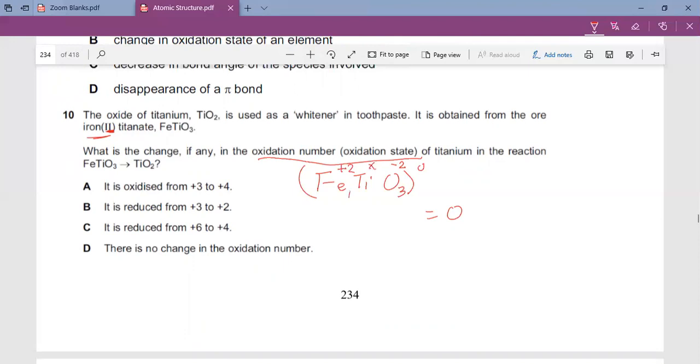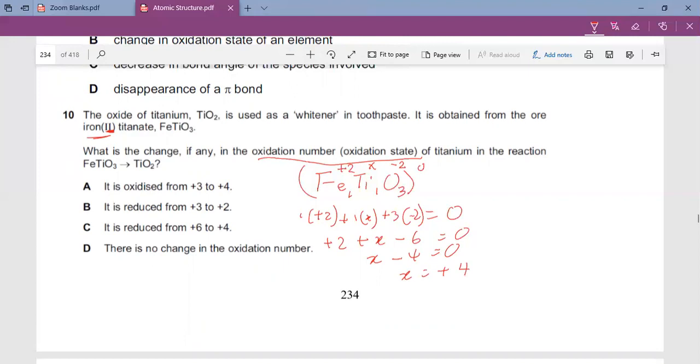There's 1 here and 1 here, and 3 oxygens, so the summation: +1 times +2, 1 times X, 3 times -2 gives you 0. So it's +2 plus X minus 6 gives you 0. So X minus 4 gives you 0. So what is X? +4.